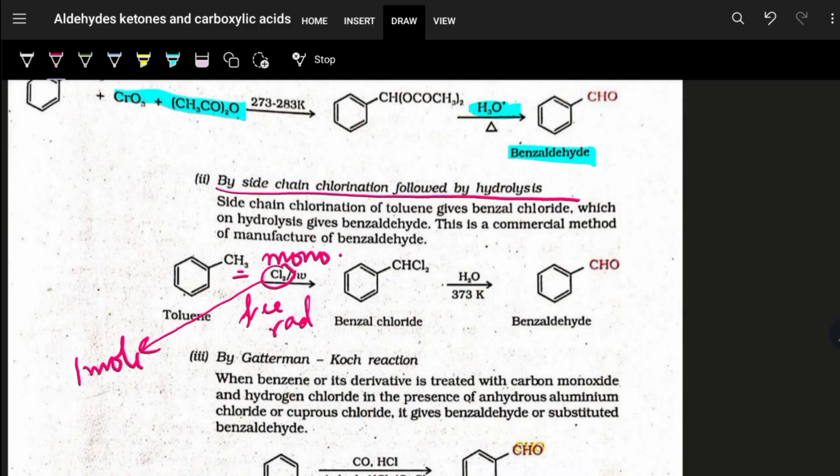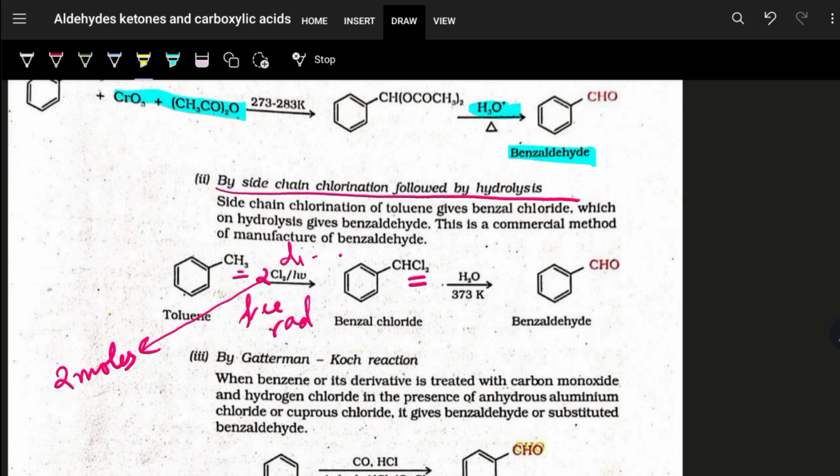That means it is actually not by 1 mole because you are obtaining another Cl. So I will say first monochlorination, or directly you can write over here dichlorination. Okay, so it's a dichlorination using 2 moles of Cl2, so write 2 moles of Cl2, h nu. So 2 Cl has come over here, followed by hydrolysis.